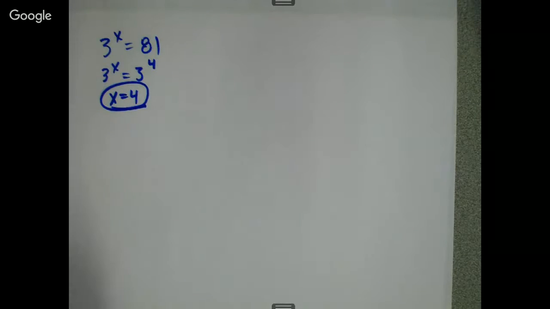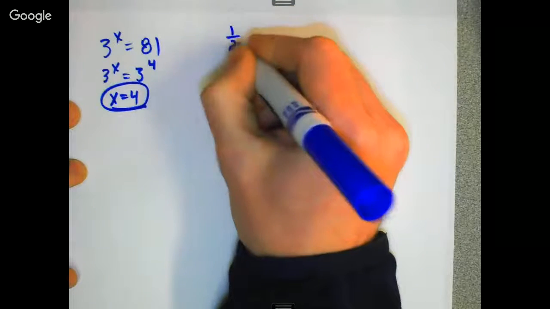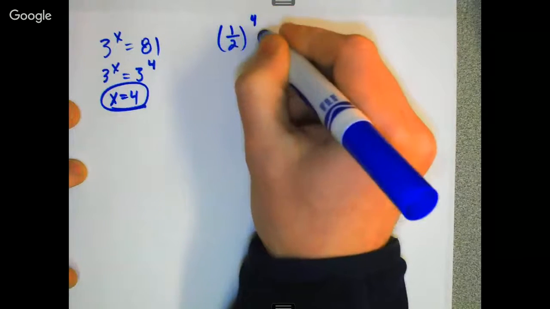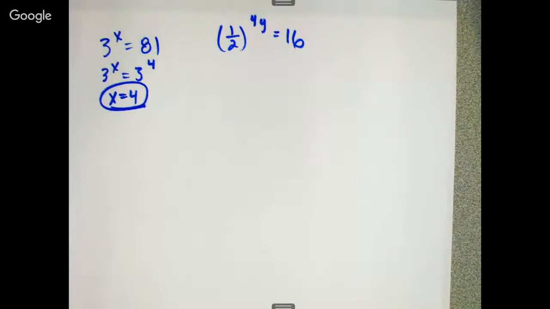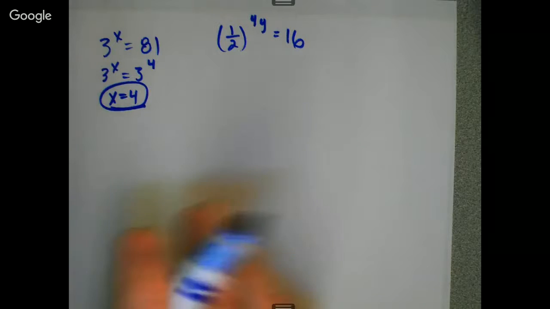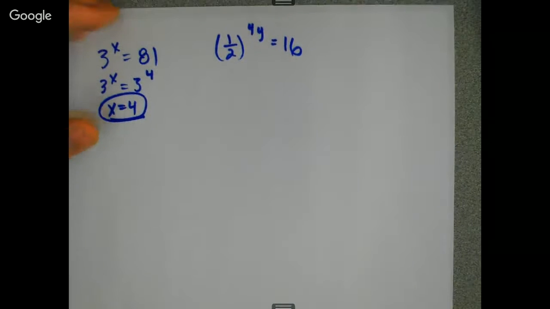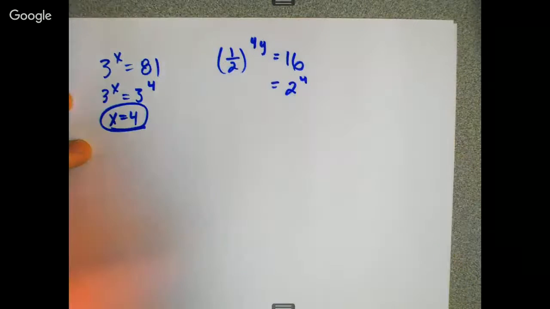Okay, so now let's look at something a little bit more difficult. Maybe something like that. So again, we want to try to put it into the same base. So I know that 2 to the 4th is 16.